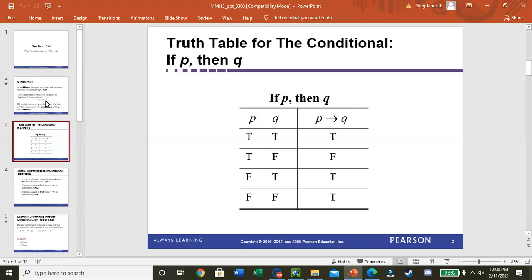If you say you're not going to go, but then you do go, you didn't lie because you said you weren't going to go, but you did show up. So that's a true statement. Okay? So the only time an if-then statement is false is if the antecedent is true and the consequent is false. That's the only time it's false. Everything else is true. Okay?